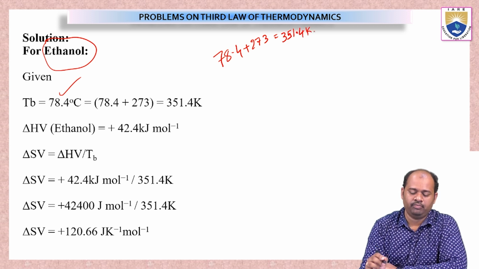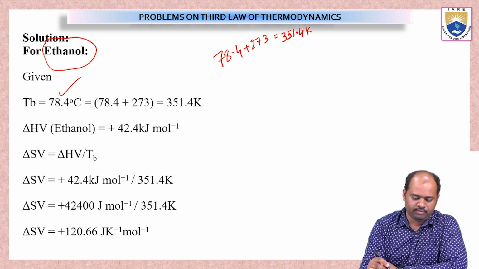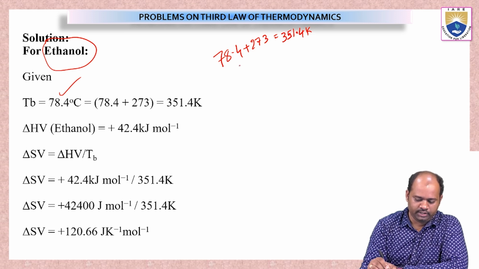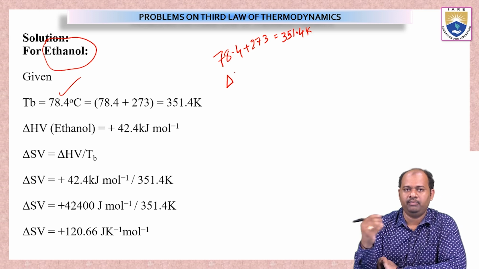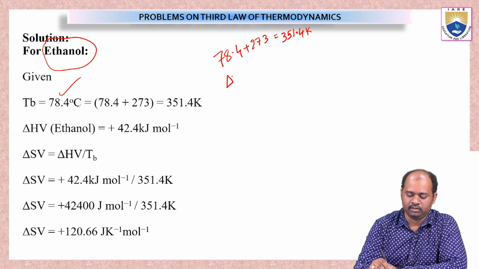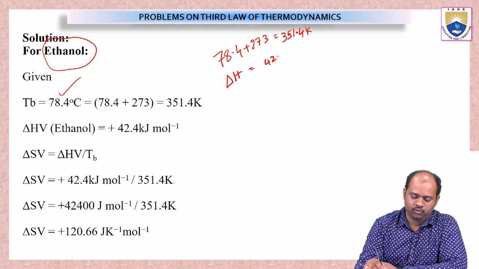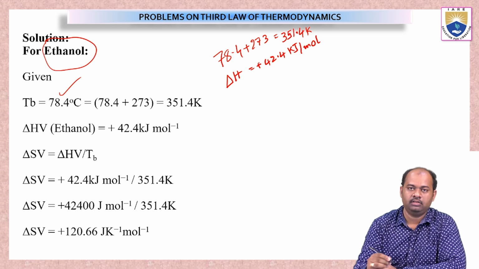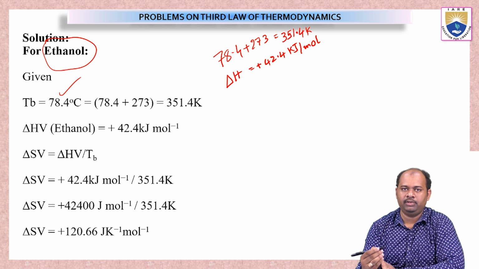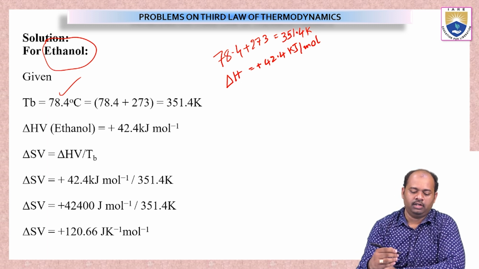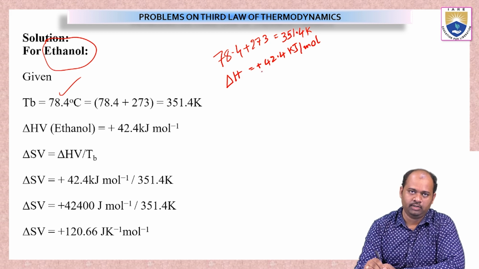After that, delta H. This is the amount of heat required, or amount of enthalpy supplied to the system for boiling. So delta H is equal to 42.4 kilojoules per mole. Here this is taken in positive sign because we have to supply some enthalpy to the system for boiling of the ethanol. So this is taken in positive sign only.